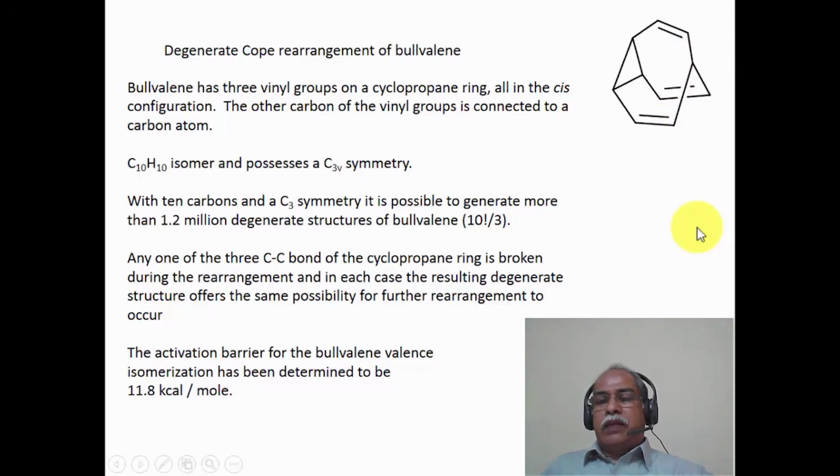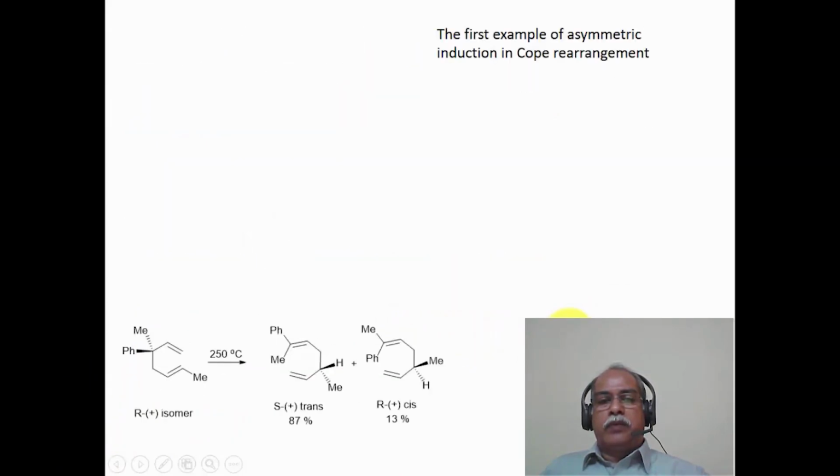When the NMR study is carried out at 120 degrees, when the rapid rearrangement takes place, all the 10 carbons become indistinguishable, and as a result a singlet is observed in the carbon-13 spectrum. This activation barrier has been calculated from variable temperature proton NMR studies to be about 11.8 kilocalories per mole.